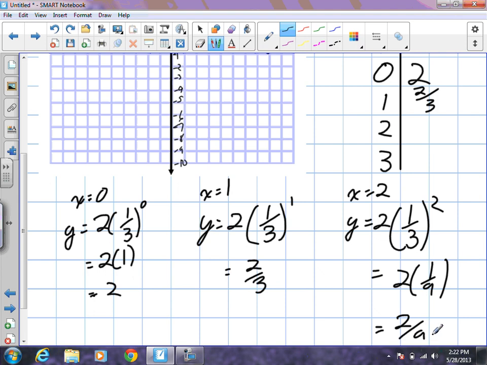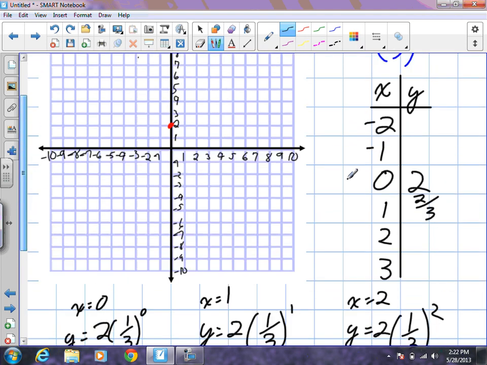Okay, so let's plot these points. A third is probably somewhere here. 2 over 9 is even closer. The next one's actually going to be, because when we're going down this way, we're dividing by 3, 2 over 27, which is going to be even smaller, but really hard to graph on this.